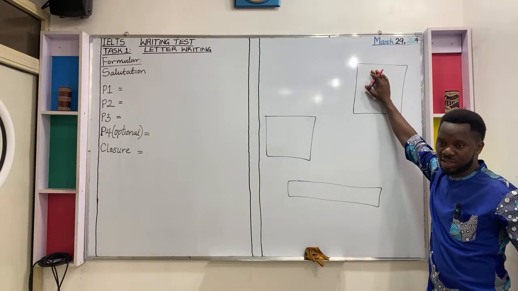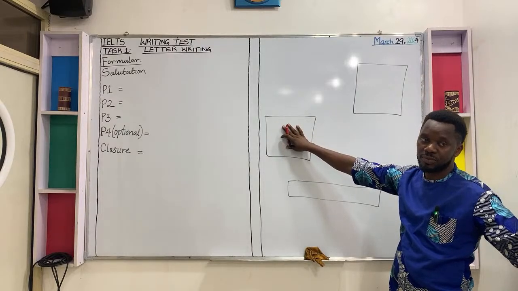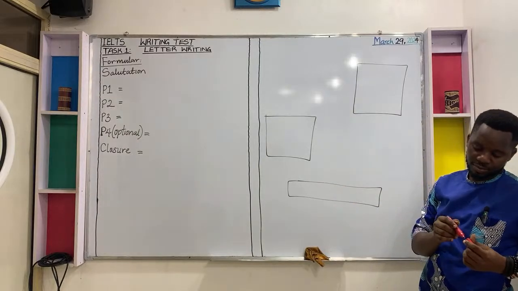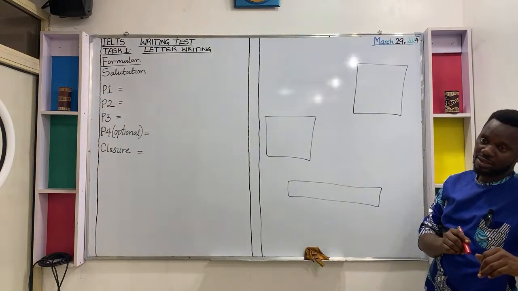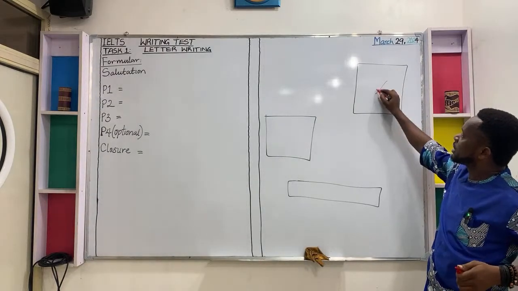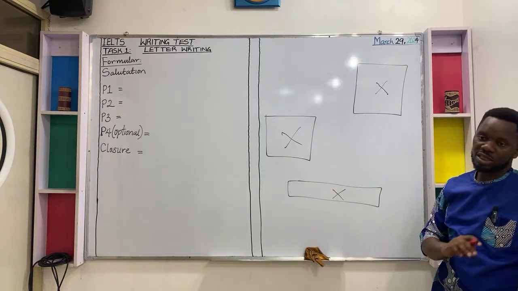The writer's address. That's your address. What about here? Recipient's address. What comes here? The subject of the letter, right? In IELTS, you don't need this. You don't need this, no matter the type of letter it is.